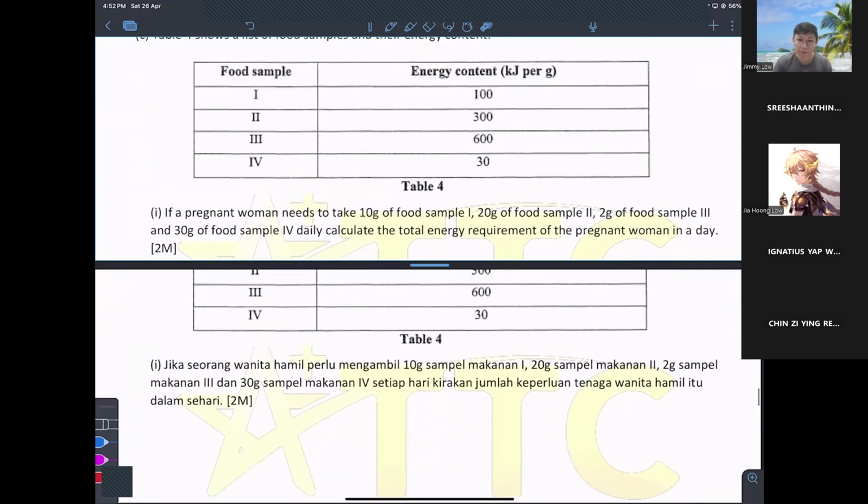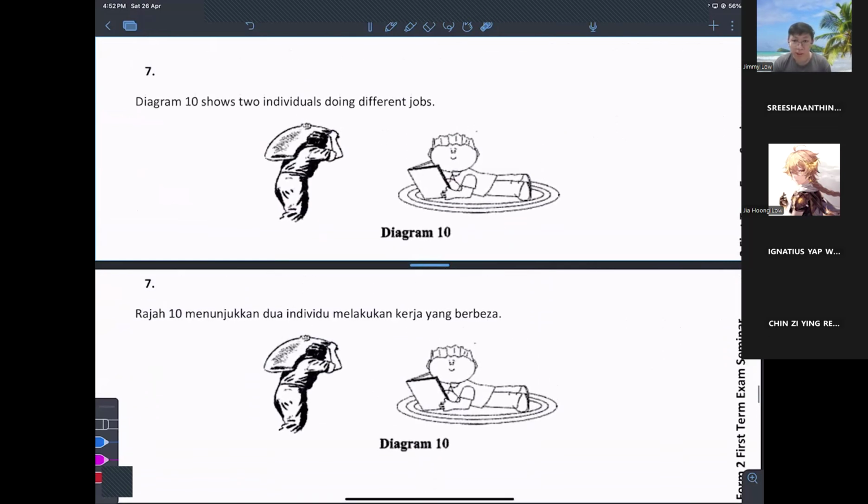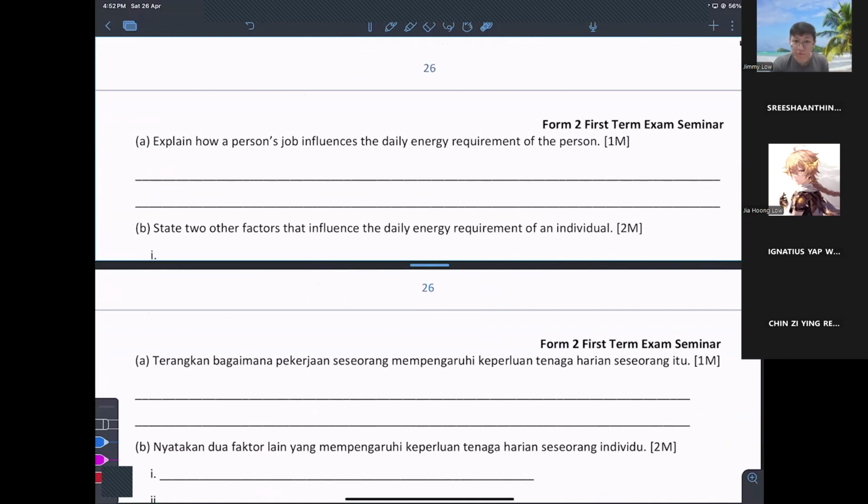But we go through together because this question has a calorific calculation. So you see, explain how a person's job influences the daily energy requirement of the person. So you have to say, the more active or the more heavy, the adjective is up to you.